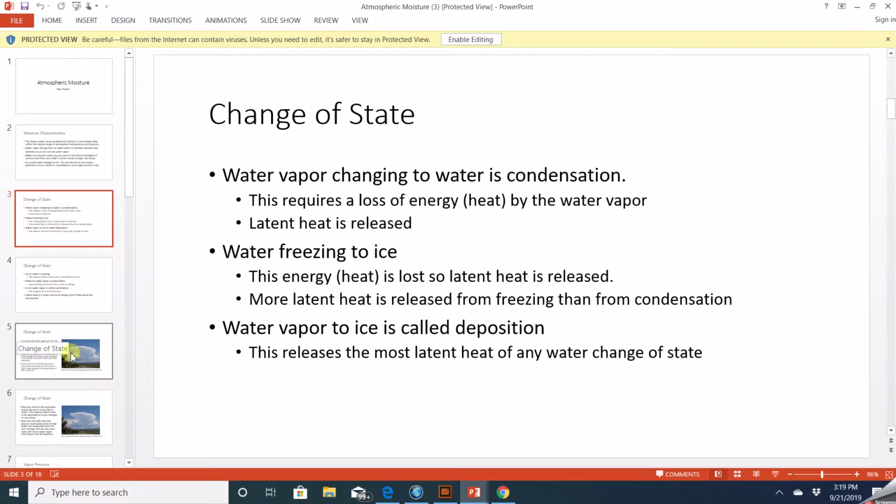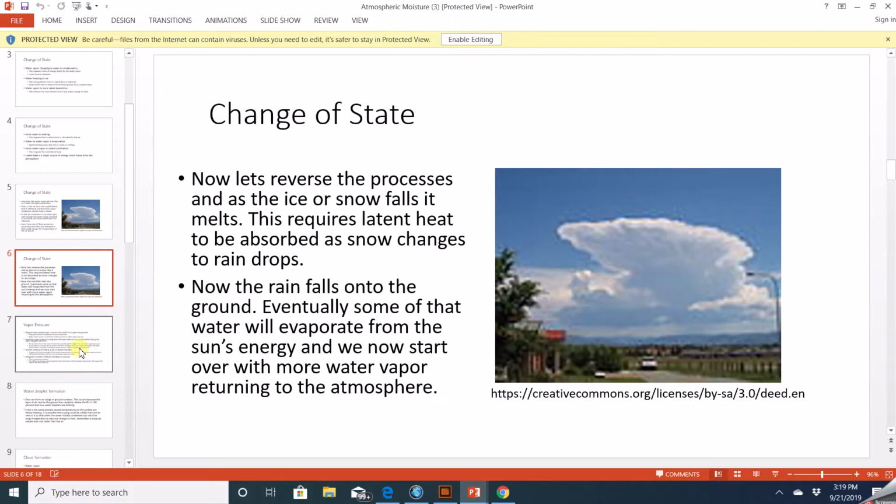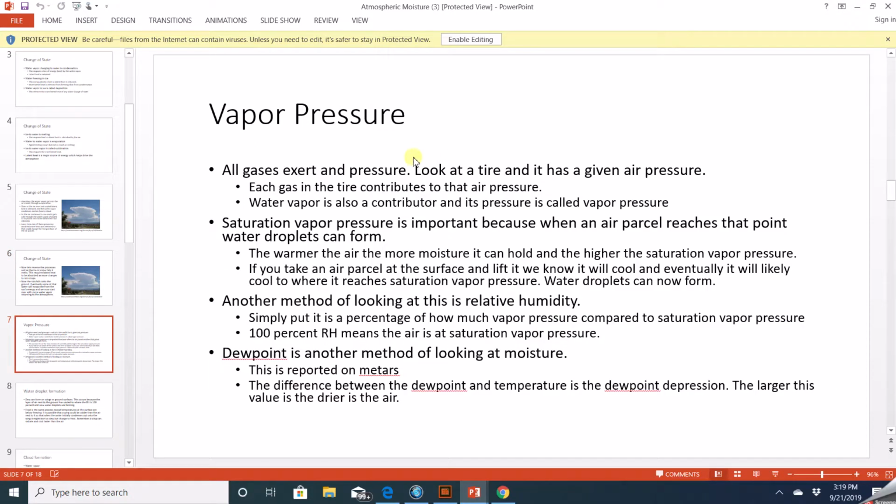A couple other things about the change of state of the atmosphere and the liquid in it: all these gases exert pressure, and water vapor is another gas, so it exerts a pressure. There's something called vapor pressure for water vapor, and then there's saturation vapor pressure.